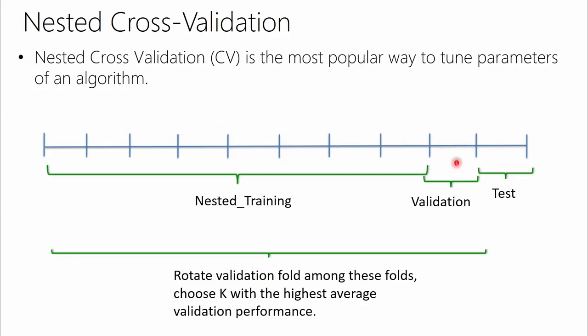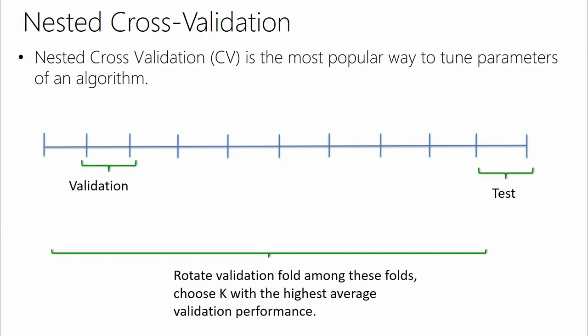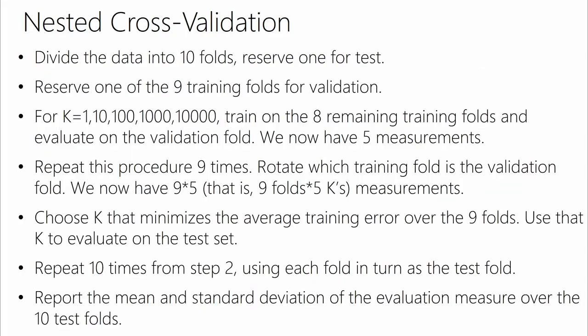And we're going to rotate the validation set among these inner folds in the training set, and then we'll choose the value of k with the highest average validation performance. OK, so here we rotate this validation fold among these folds, and then we'll choose the k with the highest performance.